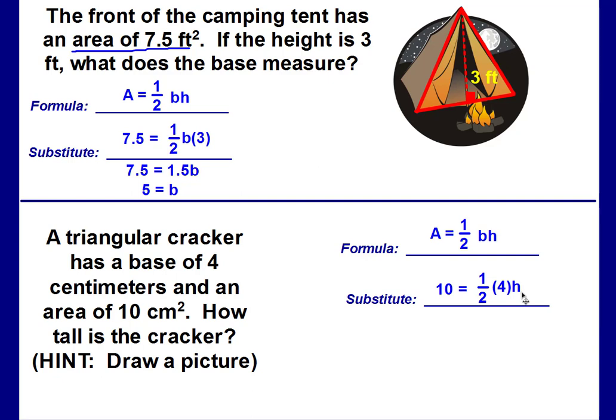The height is unknown, so it's going to remain the variable h. Then solve. Half of 4 is 2. So 10 equals 2h. Solve for h, divide both sides by 2, and the height is 5 centimeters. It's not going to be squared because we're just talking about one dimension. We're talking about the height, not the area.